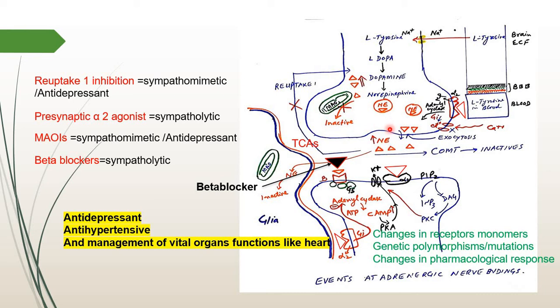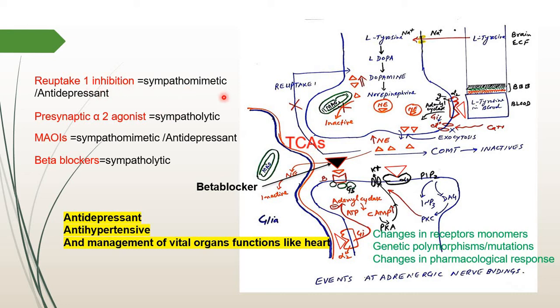So again, indirectly the level of norepinephrine rises. Thus, tricyclic antidepressants, which inhibit reuptake 1, are antidepressants.